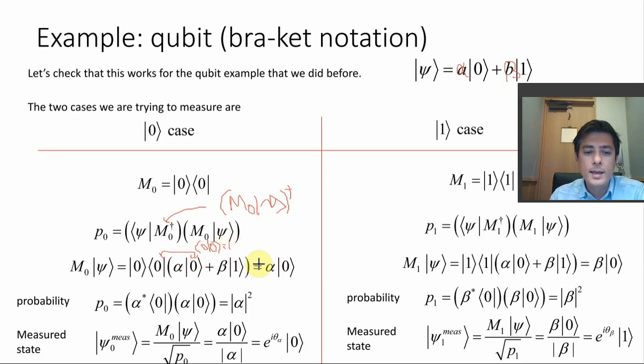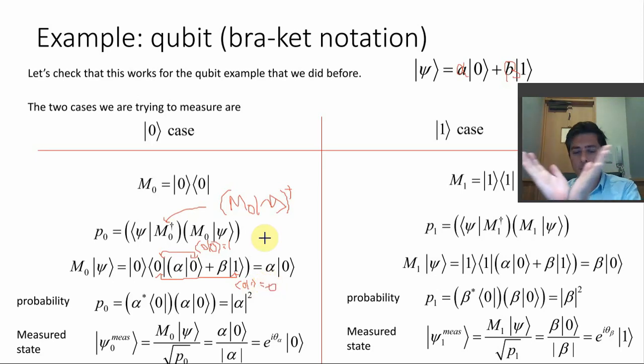And for the second term, the inner product of 0 and 1 is just equal to 0 because they're orthogonal vectors. So this second term is 0. This one was the 0 vector times the inner product of 0 and 0, and that's equal to 1. So it's just equal to alpha times the 0 vector.